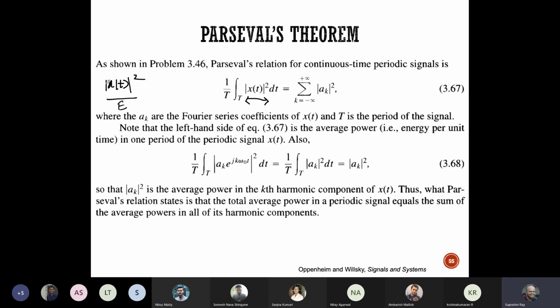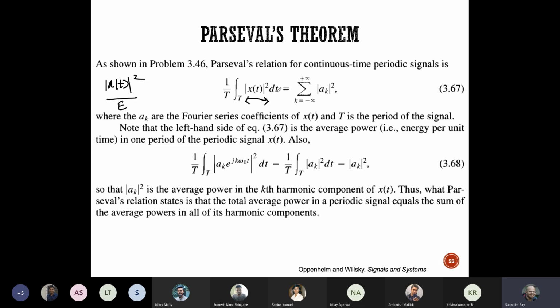It tells you how the energy of the signal is distributed over time. This will integrate to 1, it's always non-negative, it satisfies all properties. And likewise, in the frequency domain, we will be talking about the distribution of energy over frequency.